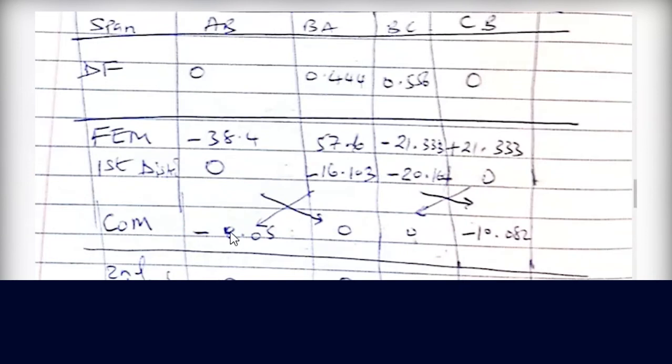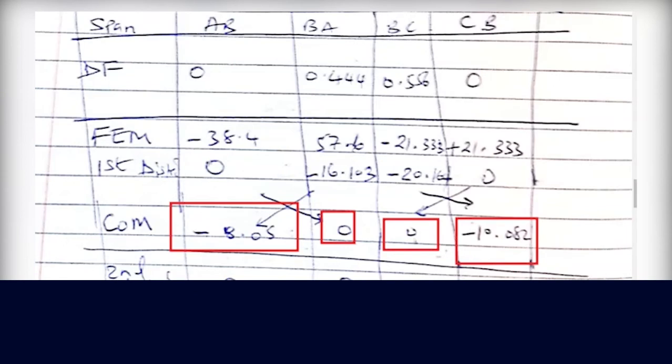Now we can get this value here, and this here 0, this is 0, this is negative 10. Now if you see this value, you can multiply with the same distribution factor as we did this way.